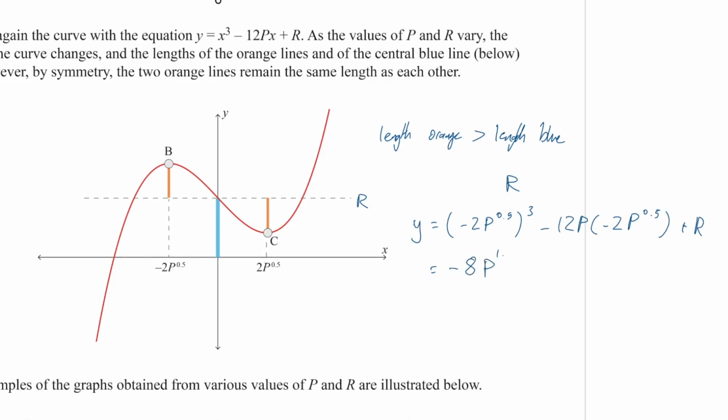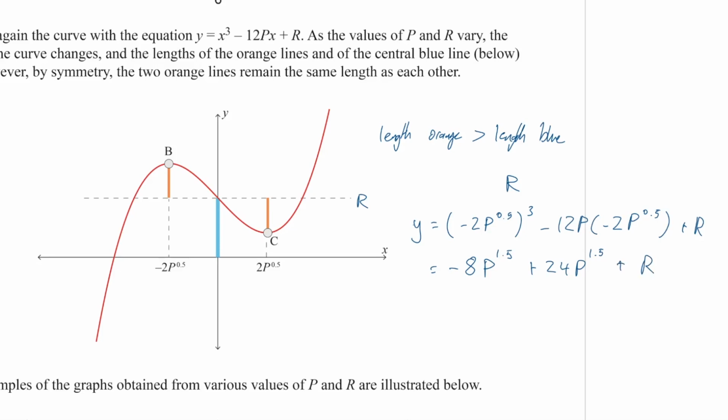P to the 1.5. Now we have minus 12 times minus 2, so plus 24. And then p times p to the 0.5 is another p to the 1.5. Right, multiplying powers, we add them together, plus r.